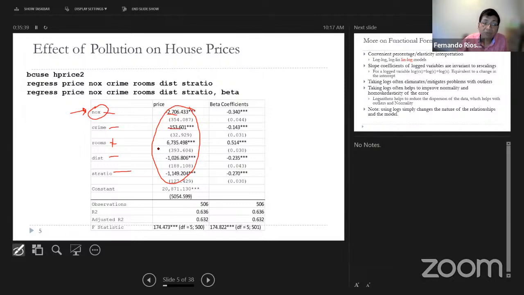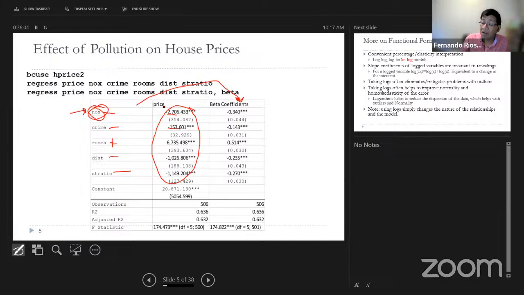So instead of doing this, I could estimate the beta coefficients and interpret those instead. Here, I would argue that it would be a little bit more reasonable to interpret this coefficient, because it makes more sense to talk about whether pollution is increasing by one standard deviation compared to the current level.